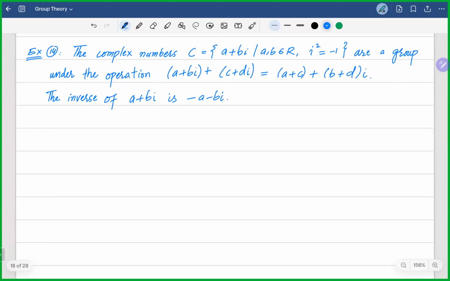Similarly, the non-zero complex numbers C star are a group under the operation, under the complex multiplication, actually.